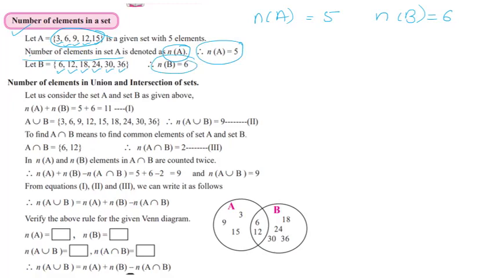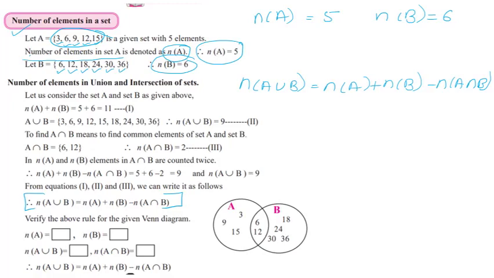Now we are going to learn this rule. See, n of A union B equals n of A plus n of B minus n of A intersection B. This is the new rule, and we can also call it a formula. We are going to use this formula in practice set 1.4.